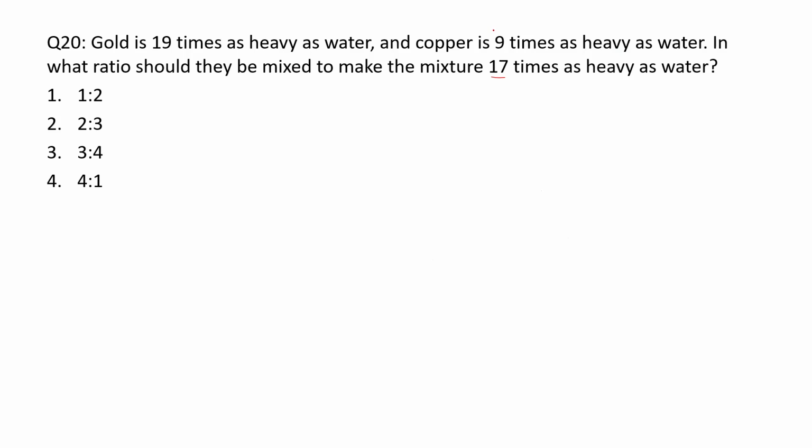Again, this is a typical problem from ratio. So let the required ratio be, so let me start. Let the ratio of gold to copper be x is to y. Okay, this is the ratio. Now density of gold is 19 times density of water, because gold is 19 times as heavy as water.